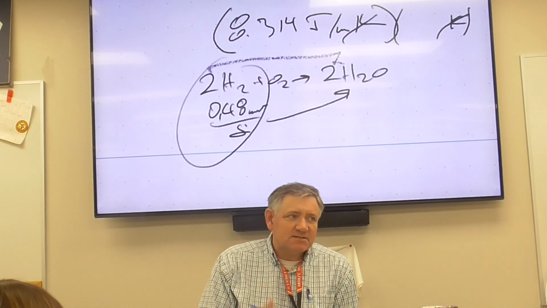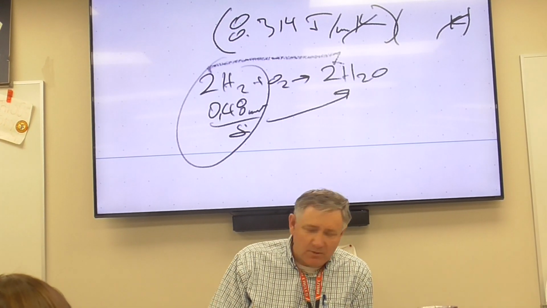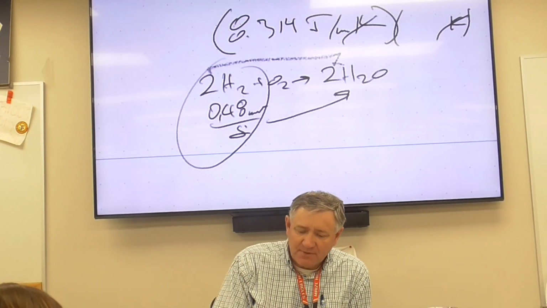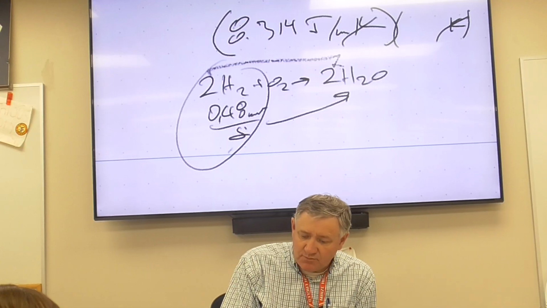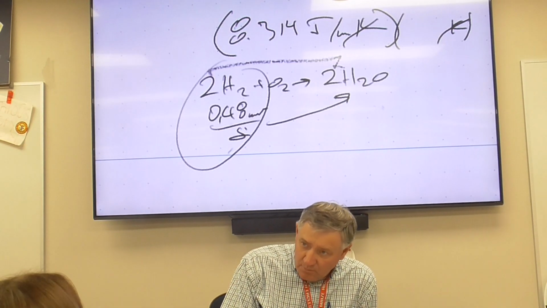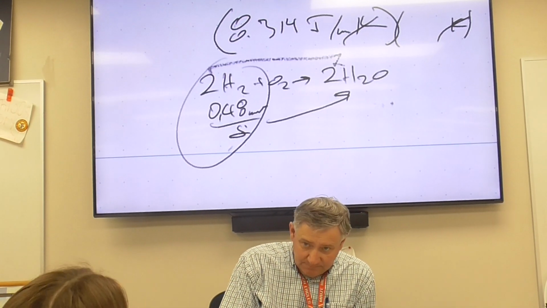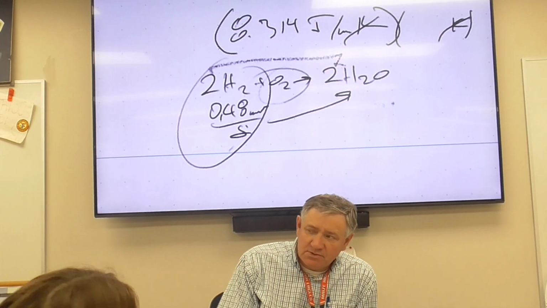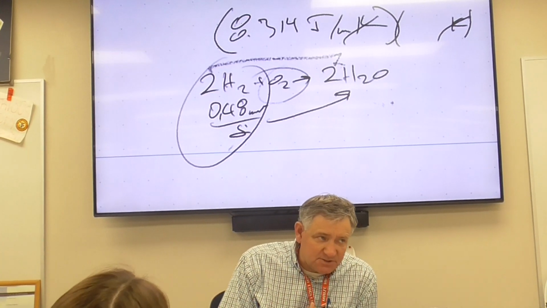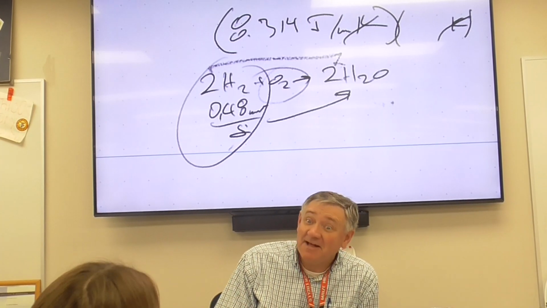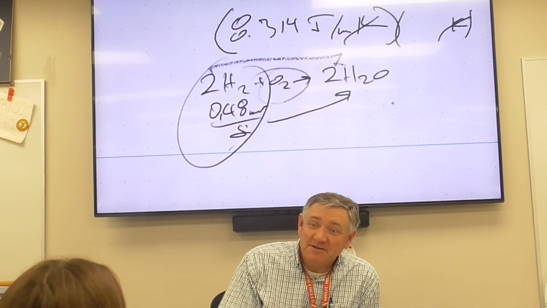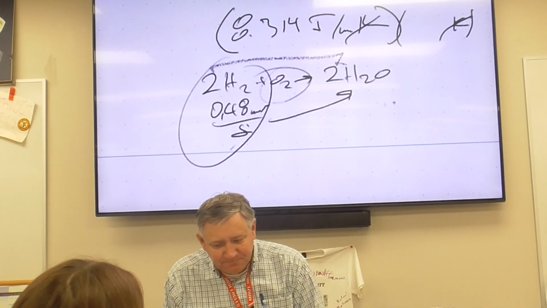It would be the same. It's just stoichiometry, the coefficients are the same. So the rate at which you consume hydrogen is the rate at which you would produce water. Now, what would you do to find the rate at which the oxygen is consumed? It would be half.